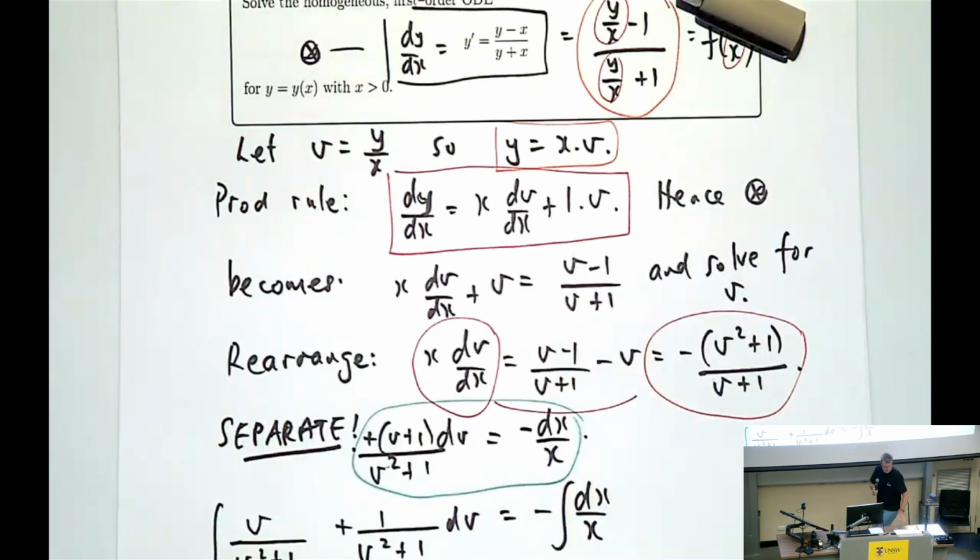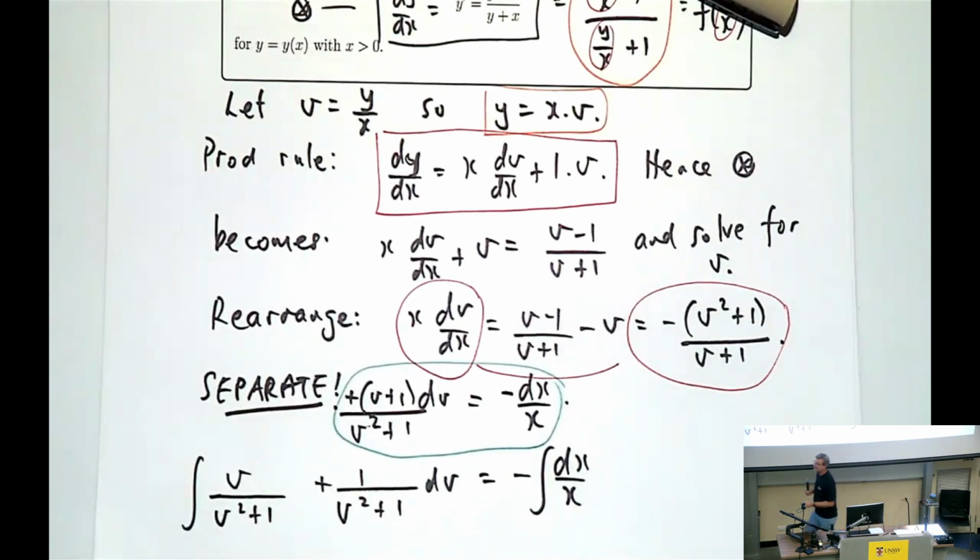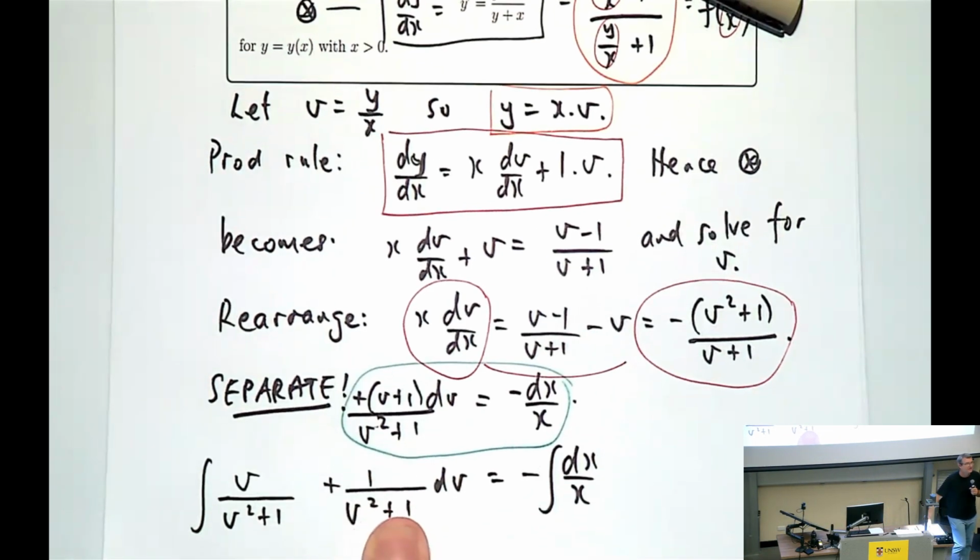Okay. So integration time. What is the first integral with respect to v going to be? Yep, so it's going to be something like log of v squared plus 1 and maybe half times. What about the second integral? Now remember, you will get a table in the final exam, so you don't have to stress too much about it. How do we integrate something like that?